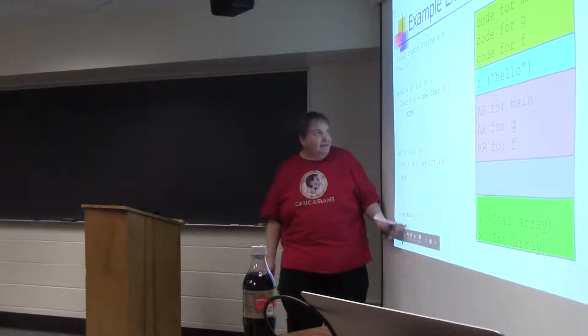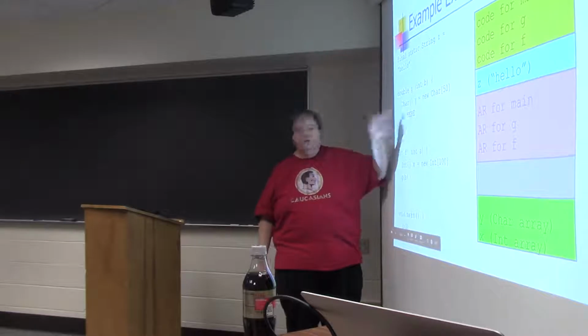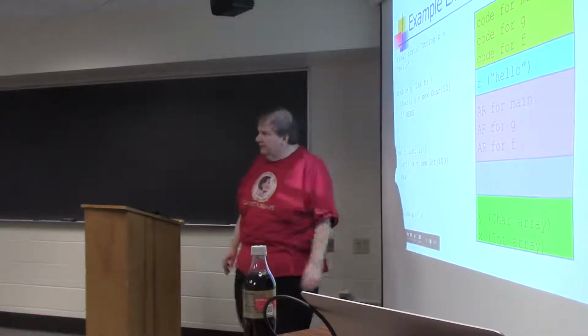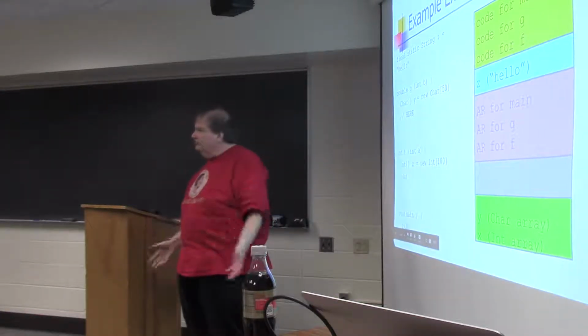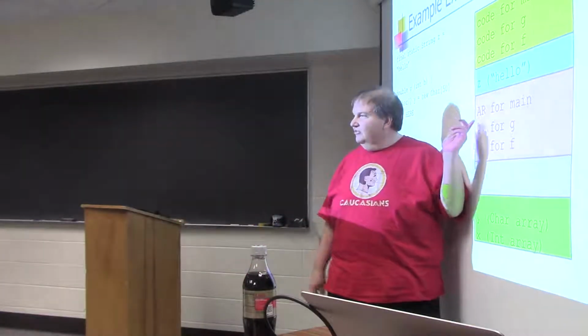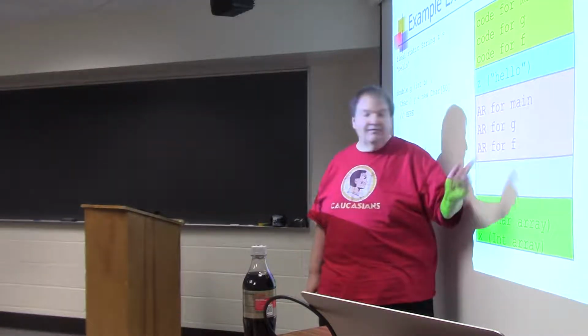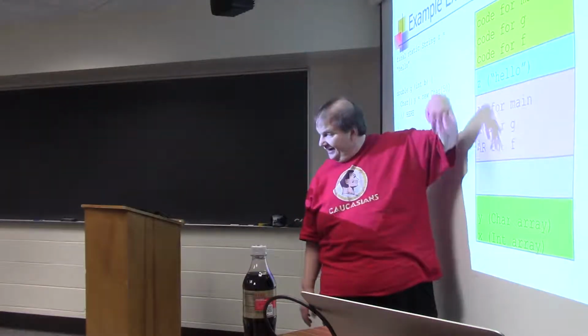Now I'm imagining that the execution is at this point. So main called f, which called g, which has now reached this particular point. In terms of what it looks like in the computer at that point, there's what's called an activation record for main, an activation record for g, and an activation record for f, and they're a stack but built downwards.